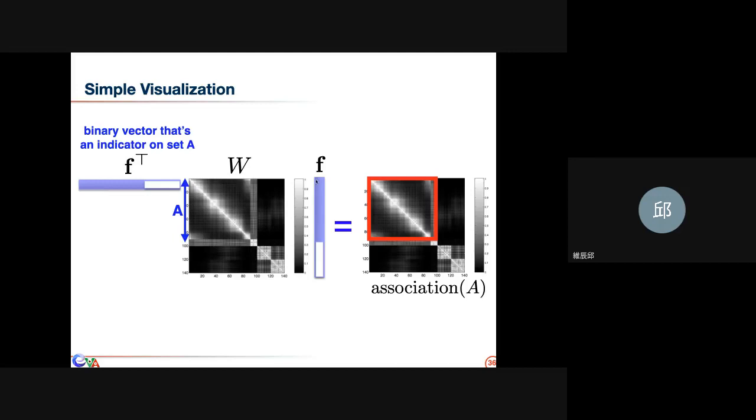For all the data points belonging to the set A, I give the corresponding element equal to 1 and all the others equal to 0. This vector indicates which data points belong to the set A. If you have such an indicator vector of the set A, which is binary, then you can perform this computation.